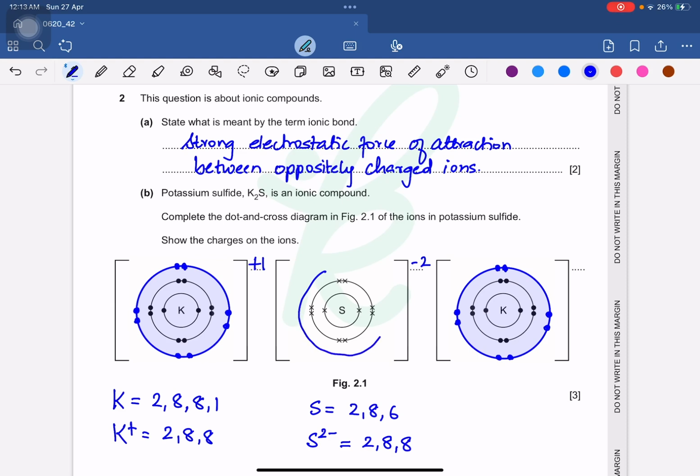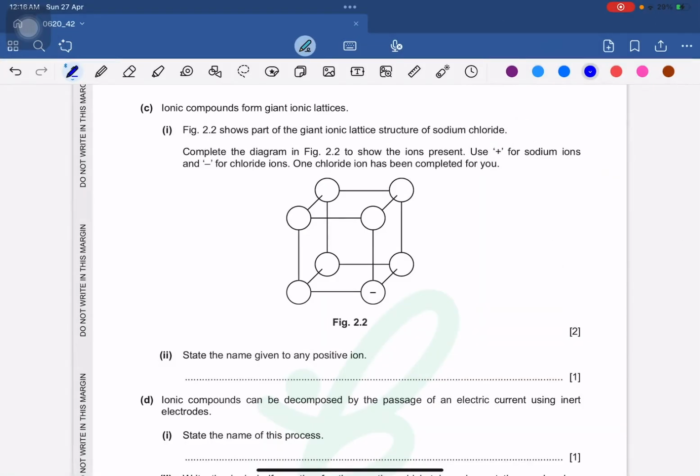Here there will be one more shell having 6 crosses and 2 dots indicating that these electrons have been donated from potassium. Let us move on further.